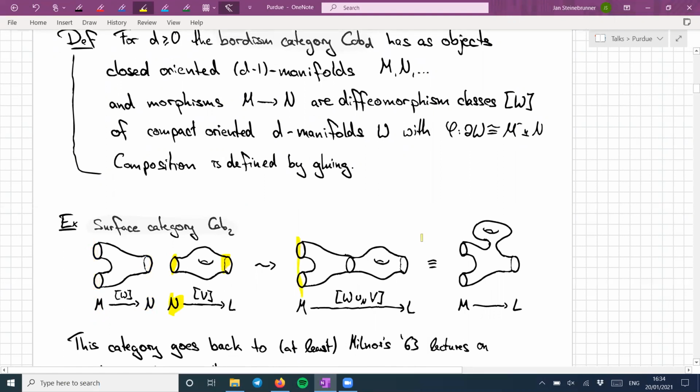I can glue those together like this. It doesn't matter which representatives I chose of the diffeomorphism class. The important thing to note is that in this definition, I really just identify diffeomorphic bordisms. So this thing represents the same morphism as that thing. I can put the genus one here, or I can put it up there. All of these are identified on the nose.